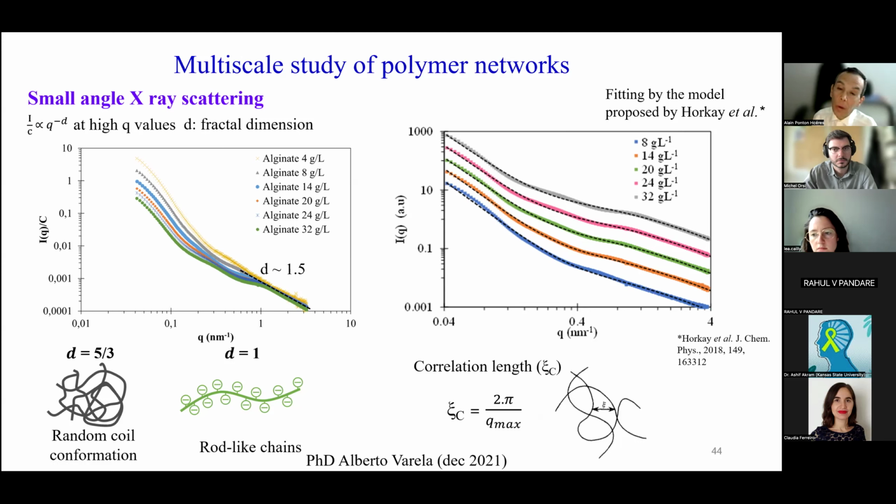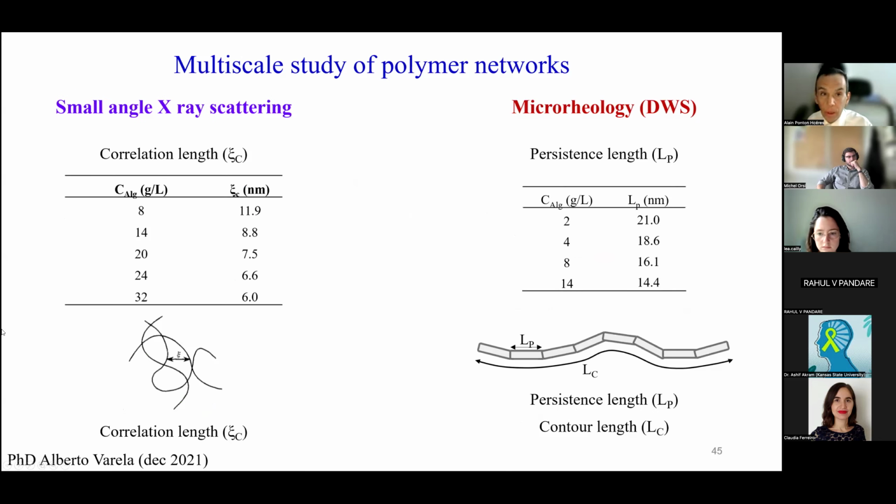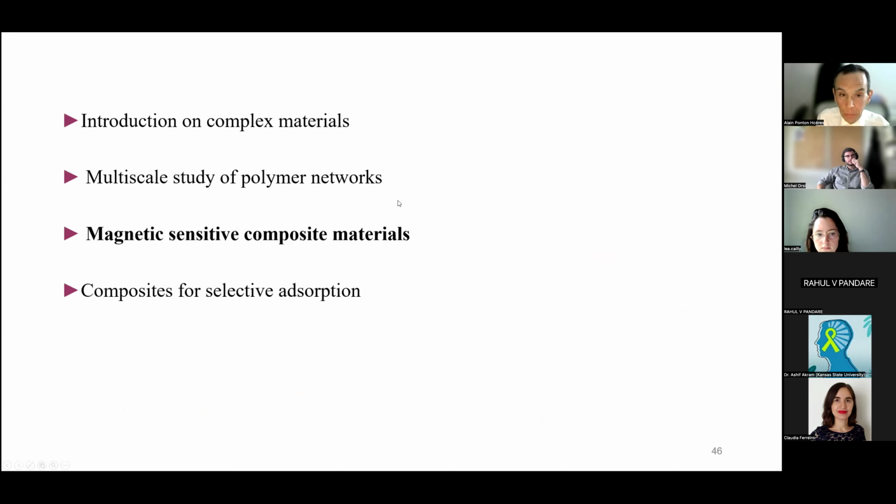You can analyze this kind of experimental data more deeply, and in this case, if you analyze all the data, you can deduce the correlation length of the polymer chain. So with small angle scattering, you can deduce the correlation length, and with micro-rheology, you can deduce the persistence length.